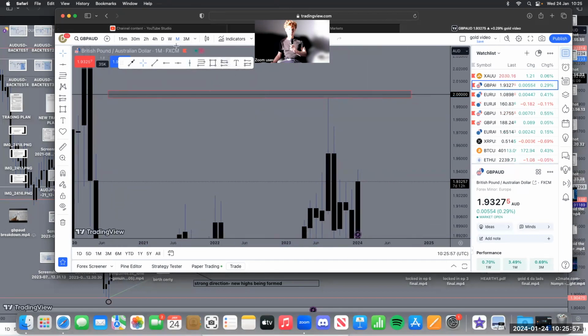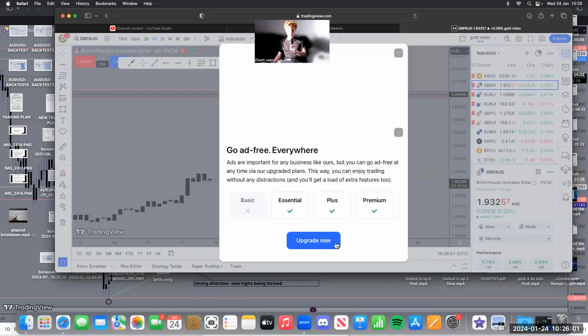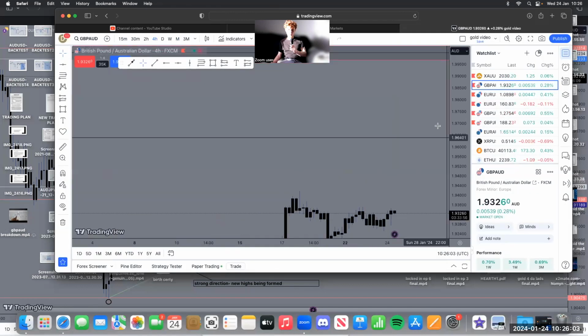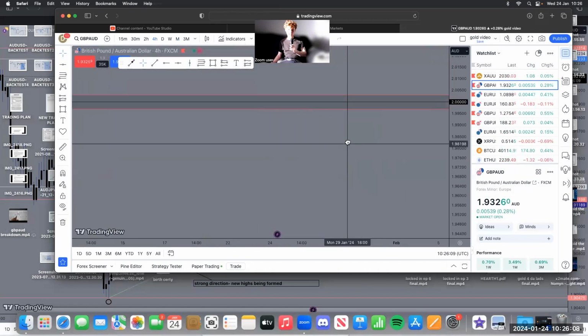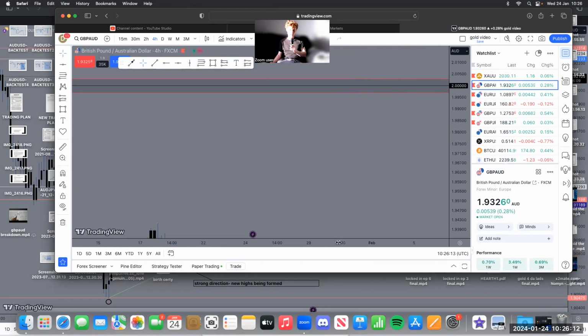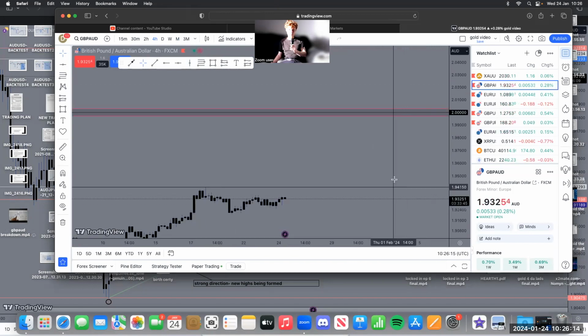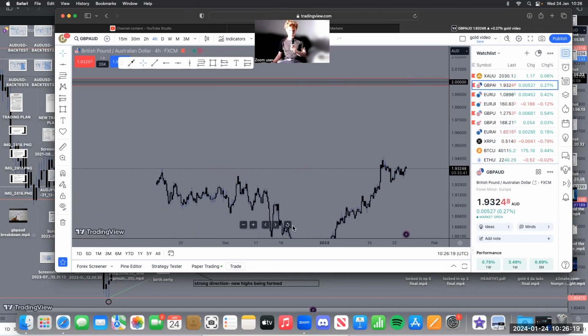So if you have this plotted and then you're on the smaller time frames, you know that this up here is your monthly region. So you could have that as a long-term target, just chilling, knowing that eventually you're looking for that level to take trades into.